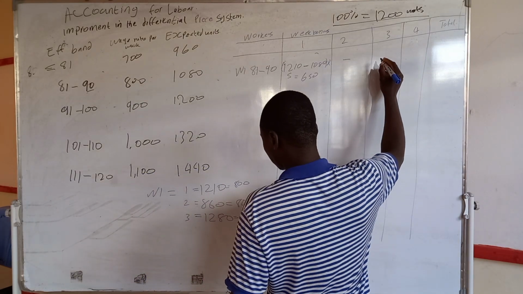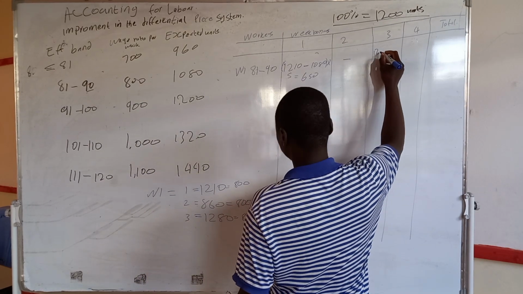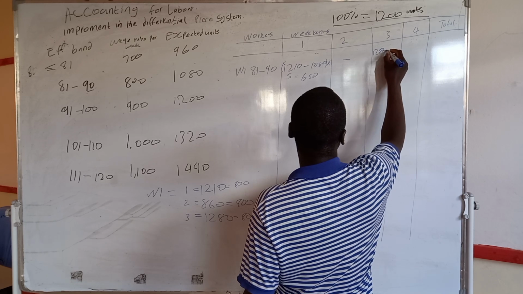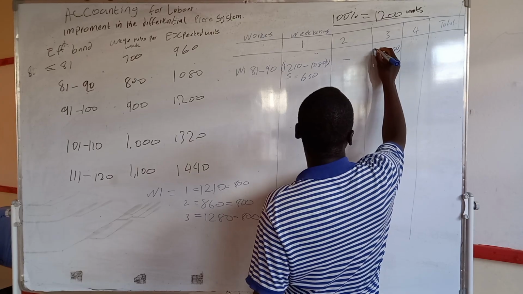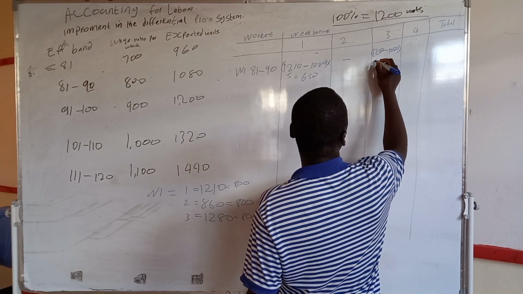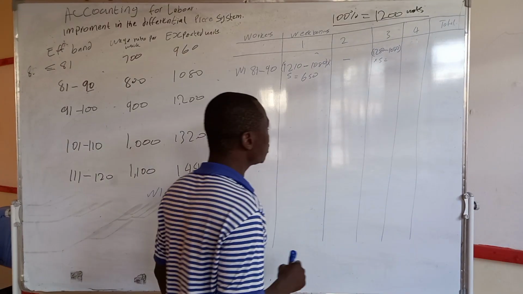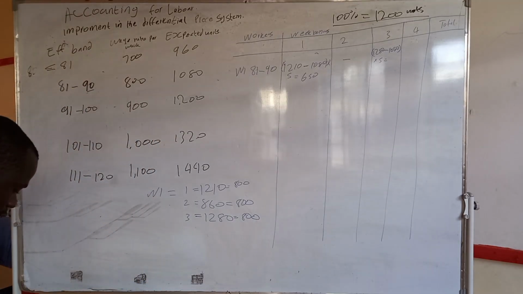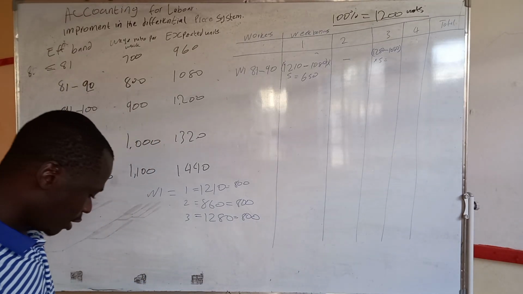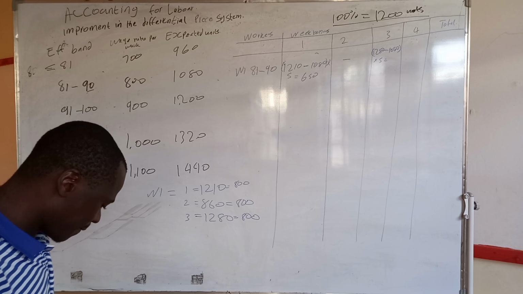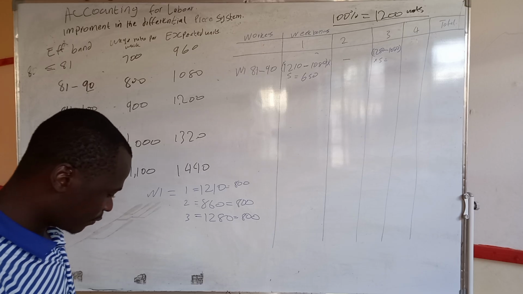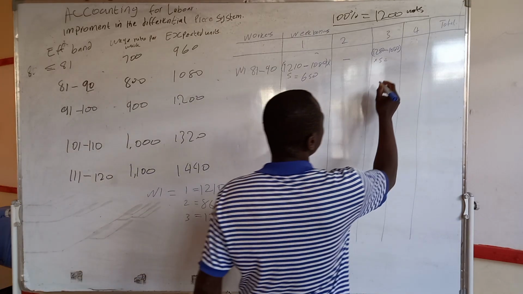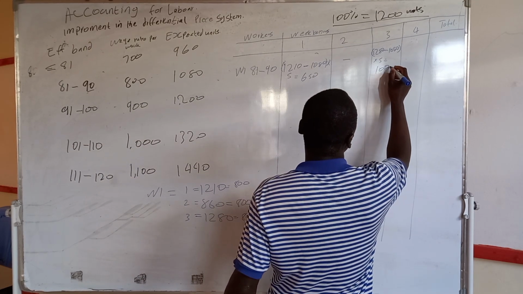It will be 1,280 minus 1,080, times 5. That gives us 1,000 as a bonus.